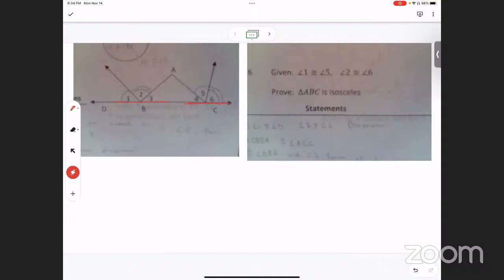Now that you have 3 and 4 are equal, you can say ABC is isosceles, by the definition of isosceles. But I can't use the definition of isosceles, since I have 3 and 4, I would have to use if angles, then sides, to say that it's isosceles. Oh, your definition of isosceles is that the sides are equal?